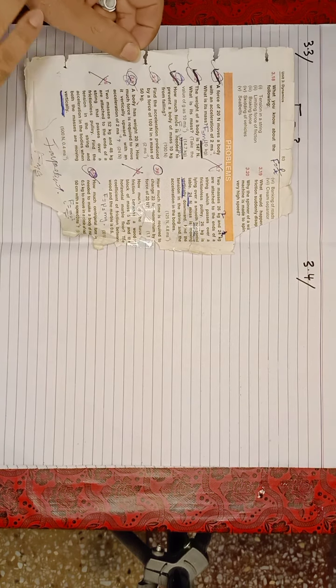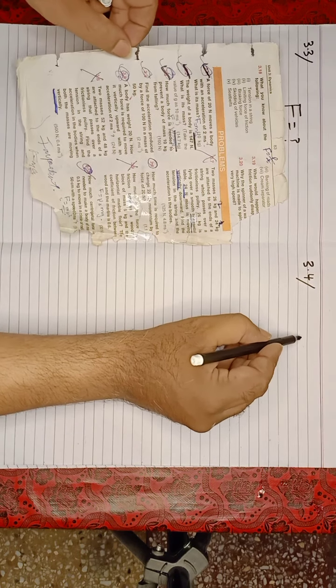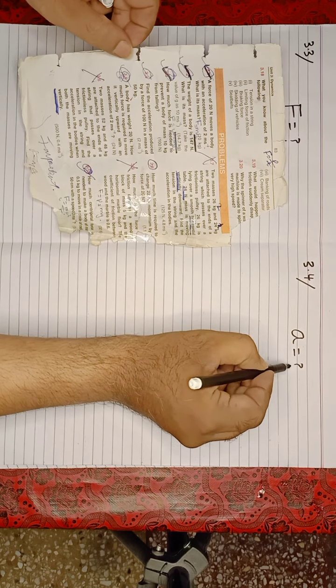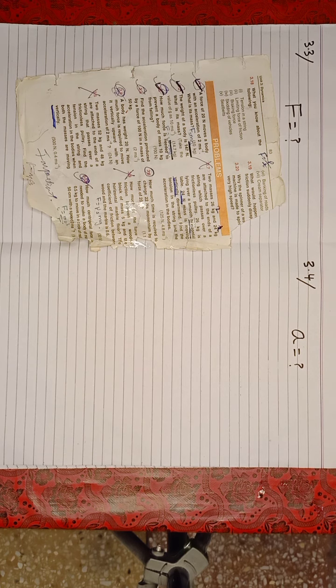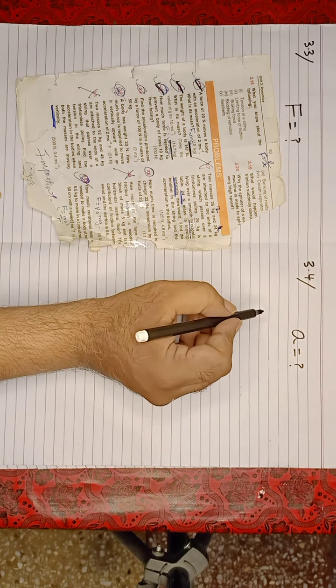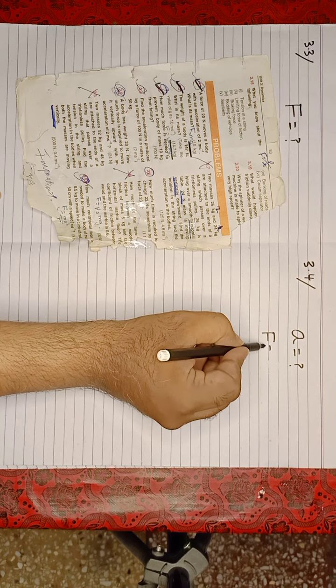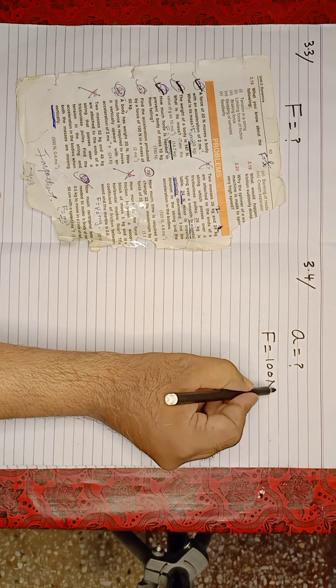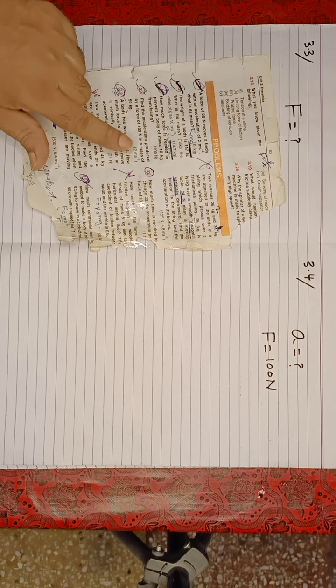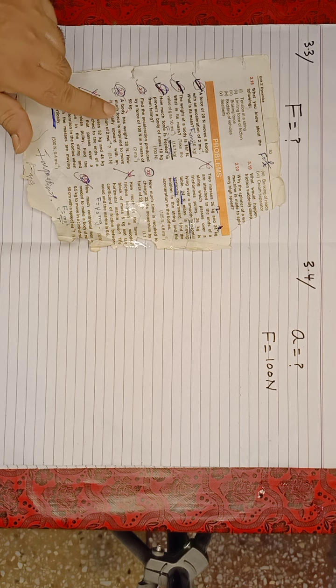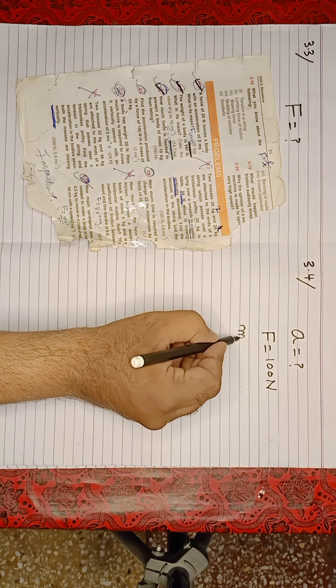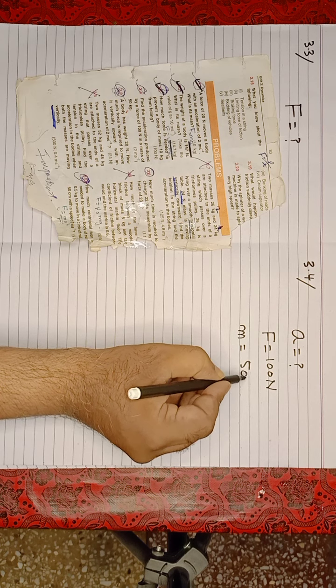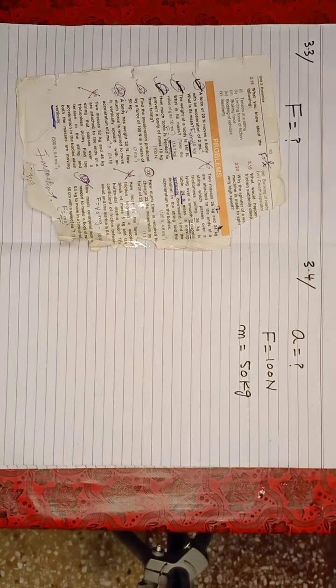Find the acceleration. A is equal to question mark, produced by a force of 100 Newton. F is equal to 100 Newton in a mass of 50 kg. M is equal to 50 kg.